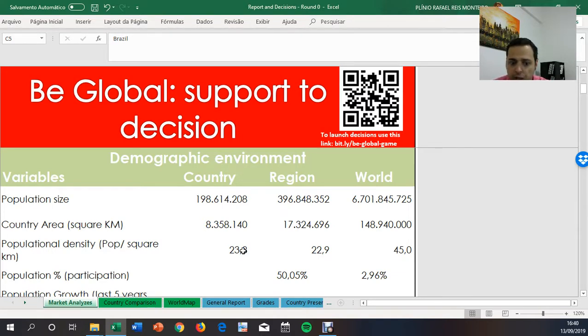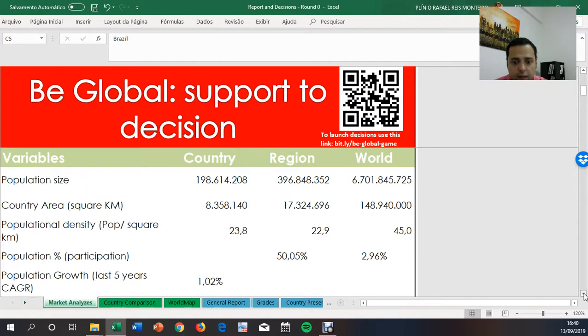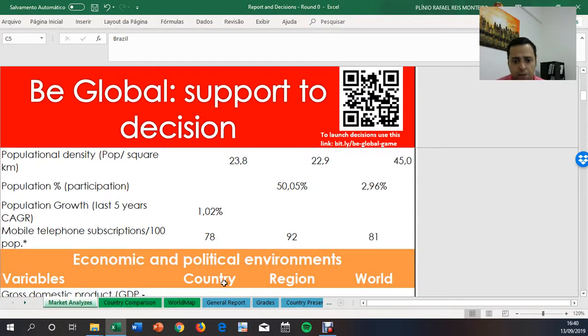So thinking about it, we can see that Brazil is not so densely populated, the density of the population here is not that high, but for sure we have a huge population. And also our population is still growing relatively well in the last years.